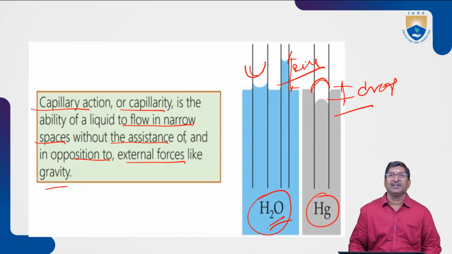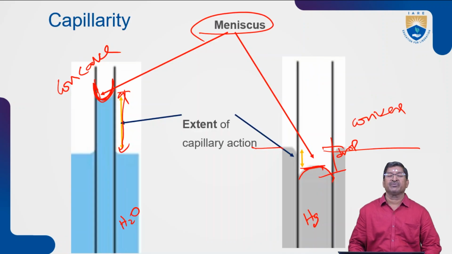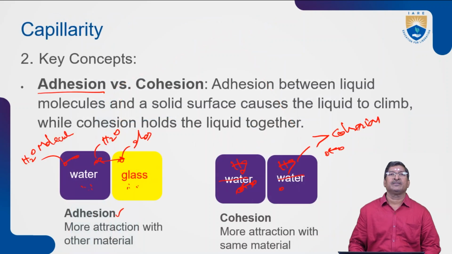So it is called capillary rise. This one is capillary fall. The top surface of the liquid inside a small tube is called the meniscus. That may be a concave shape or a convex shape. Water has a concave meniscus, and mercury has a convex meniscus. The extent of capillary action is the quantity of rise or fall inside the small tube.